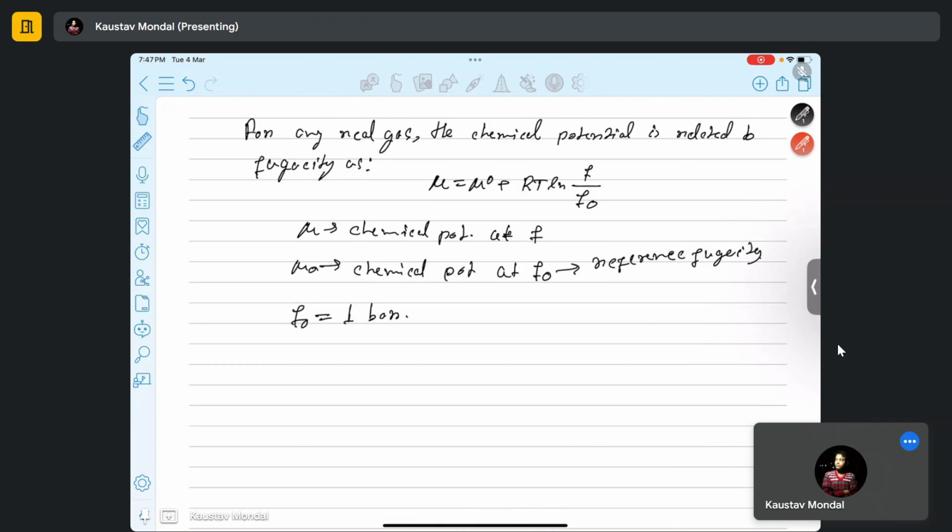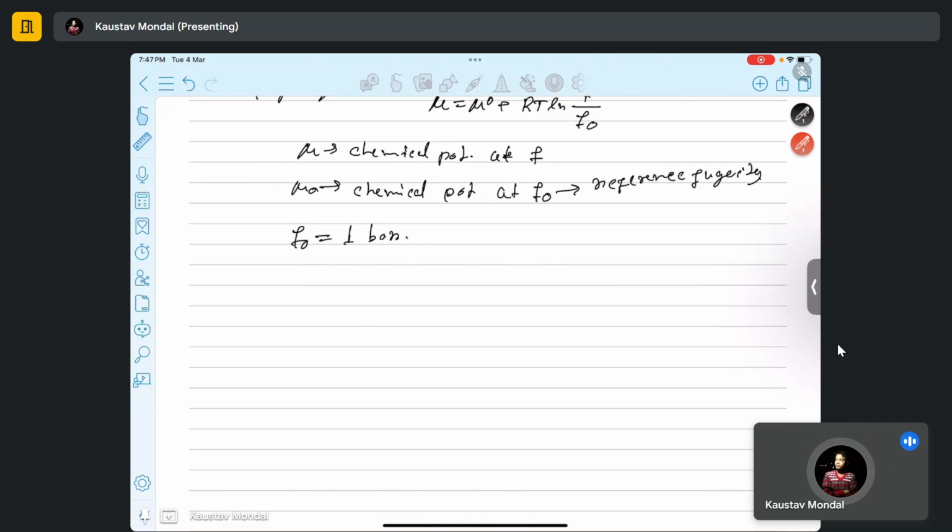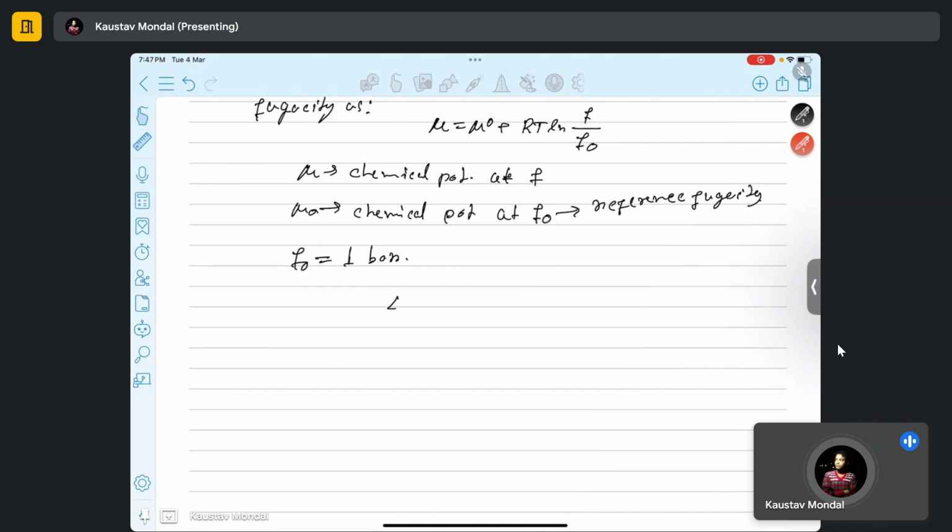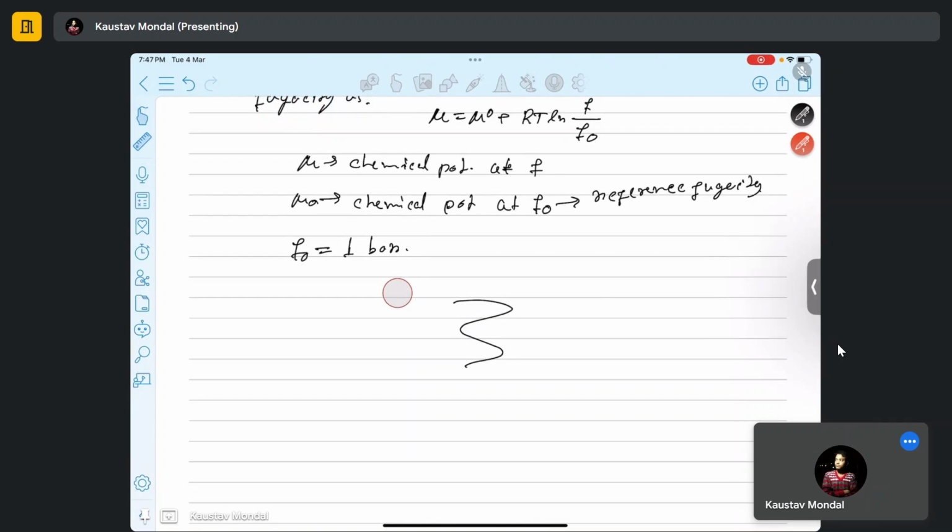Okay. So now the whole formula reduces to mu minus mu naught is RT ln F, and mu minus mu naught is the change in the chemical potential. You can consider this change in chemical potential equal to the change in the Gibbs free energy.